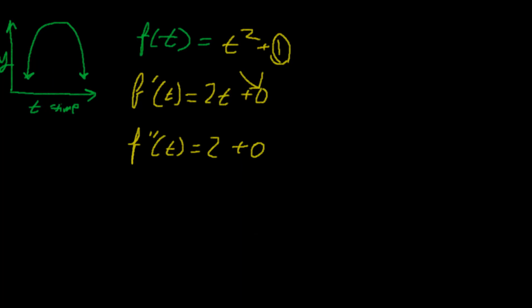I'll explain these rules in greater depth in another video, but right here, if we created a graph of f of t, it's just a parabola. If we create a graph of this one, it's just a line. And if we created a graph of this, it's a horizontal line with no change in slope, or no change in the y value.